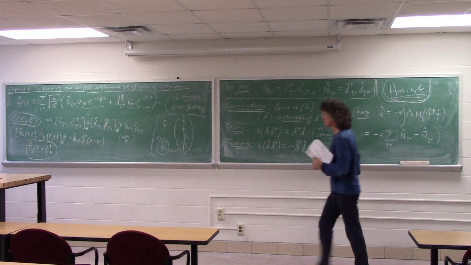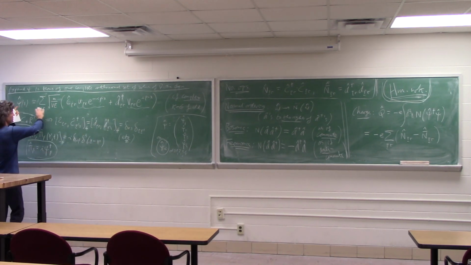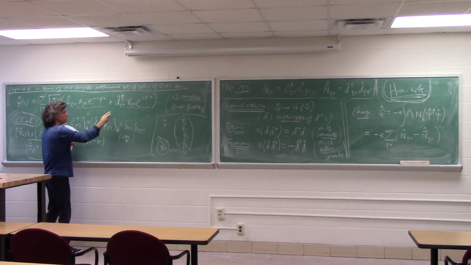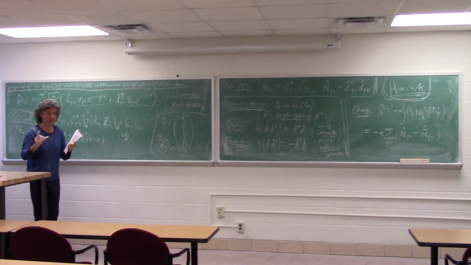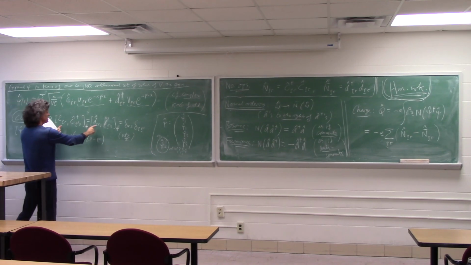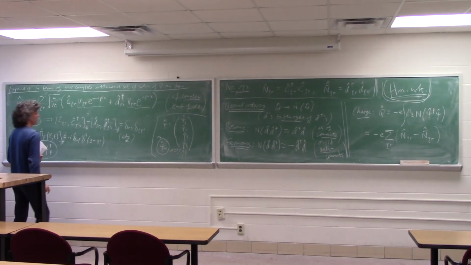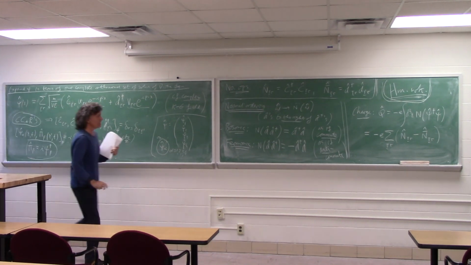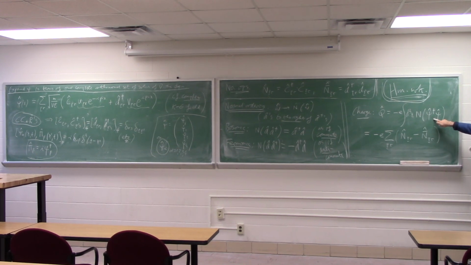So please do this. Remember, what do you need to know here? You've got this field expansion. The U's and V's are four-component spinors. You need their orthonormality relations. The C's and D's, and C dagger, D dagger, obey these anti-commutation relations. Here is the expression for the charge with normal ordering.